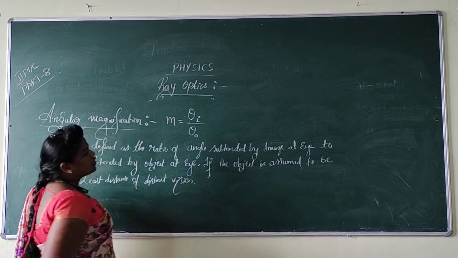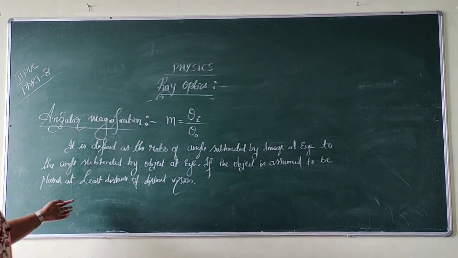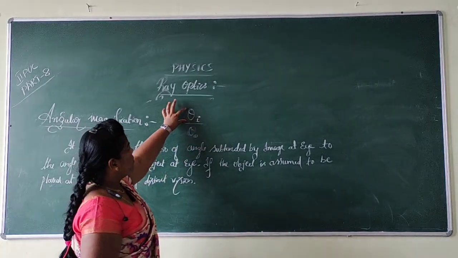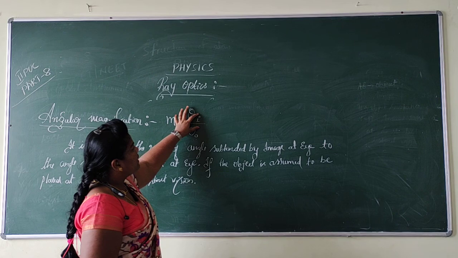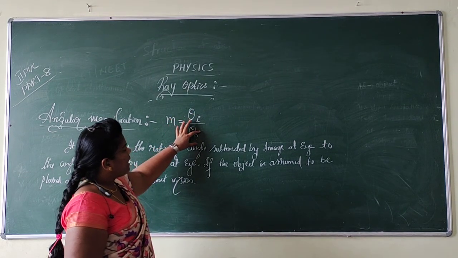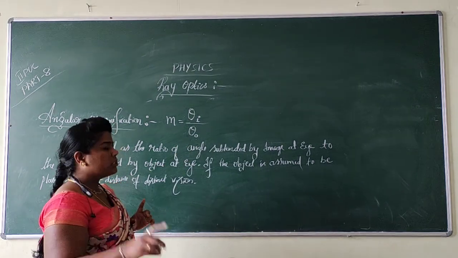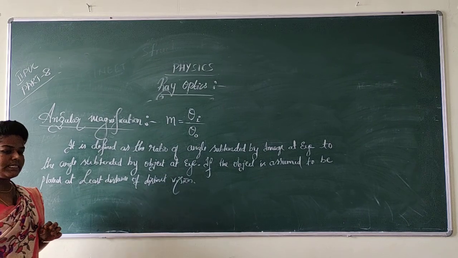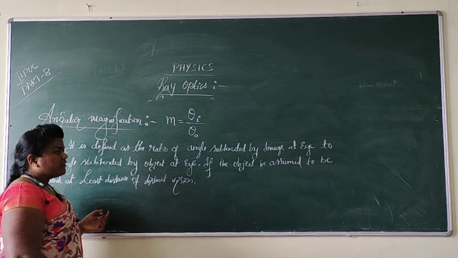Yes, this is the definition for angular magnification. Simply we can write m is equal to theta I by theta naught. That is, the ratio of the angle subtended by the image at the eye to the angle subtended by the object at the eye, with the assumption that the object is placed at the least distance of distinct vision. This is about the definition.